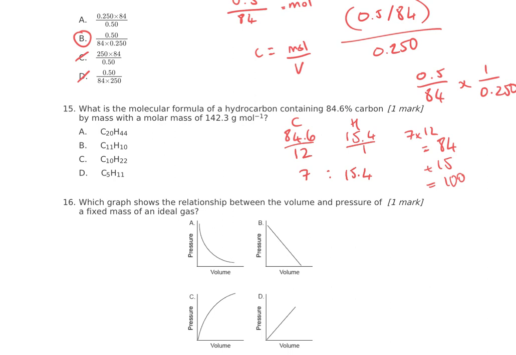So it's going to be like times 1.5-ish. And I can also look that my hydrogen should be double. So straight away I can cancel out B. And then double 1.5 is about 10. So it's going to be C.